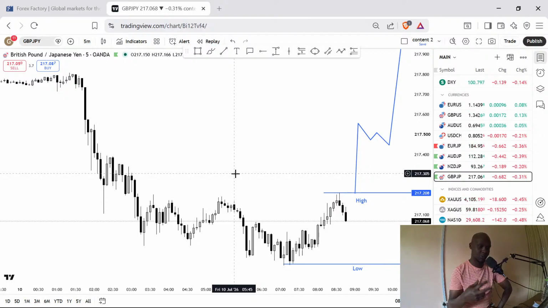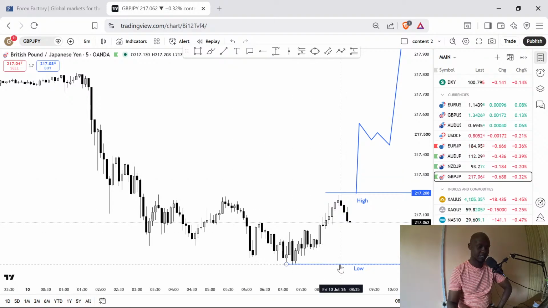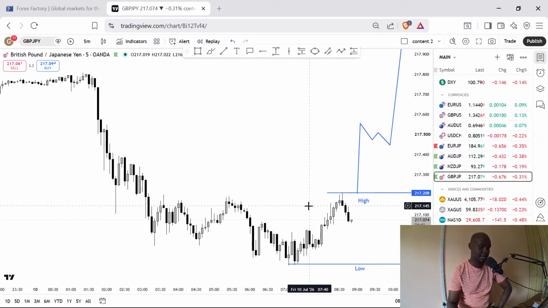My bias most likely is for longs, but in case the market shows me something different, then definitely I'll be looking to see if I can get involved with shorts. But as I've said, we have quite a distance to cover before I can change my bias to start looking for sells.